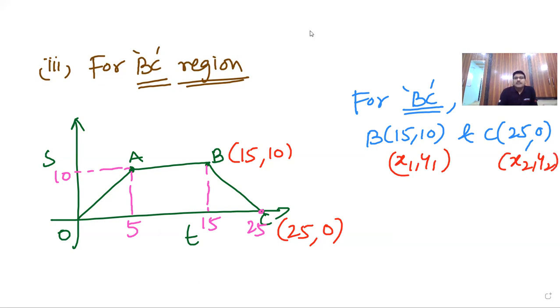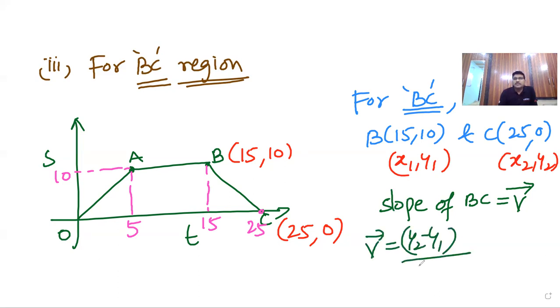Now the slope of BC is nothing but the velocity in that region. So slope of BC is y2 minus y1 by x2 minus x1. Clear? So y2 is 0 minus y1 10, by x2 25 minus x1 15.